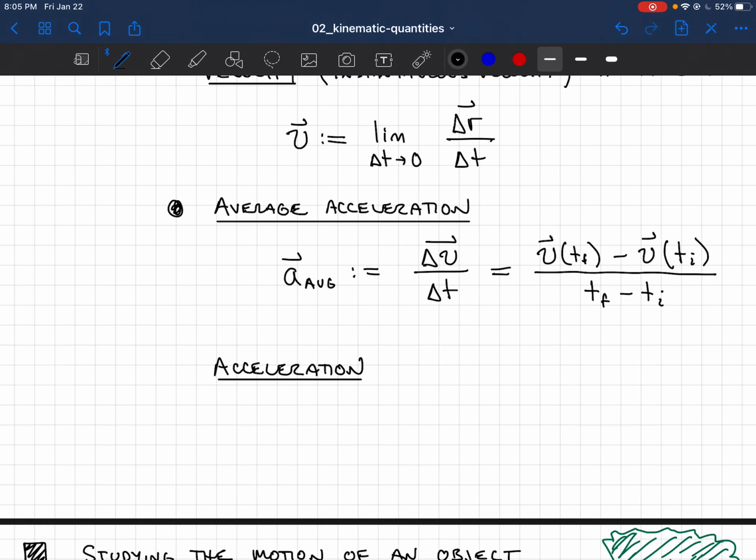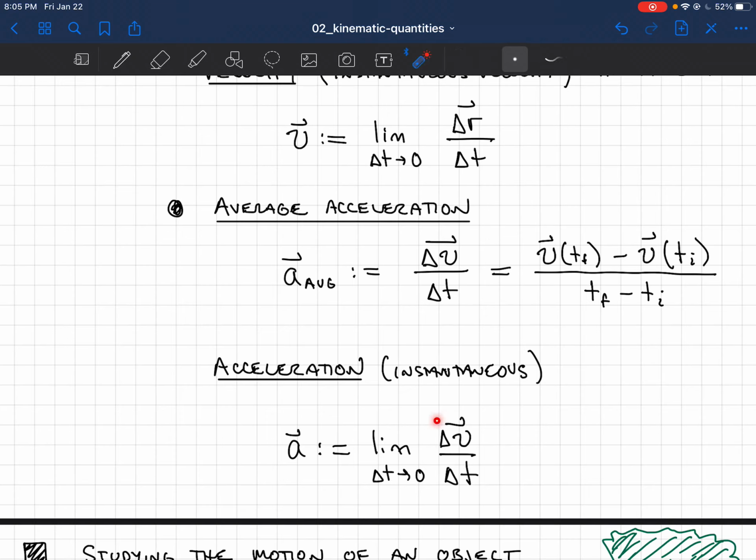That was average acceleration, and acceleration, or instantaneous acceleration, again at a moment in time, is defined in the same way. You take the average acceleration and you allow the time interval to get very, very small. So that's delta v over delta t.